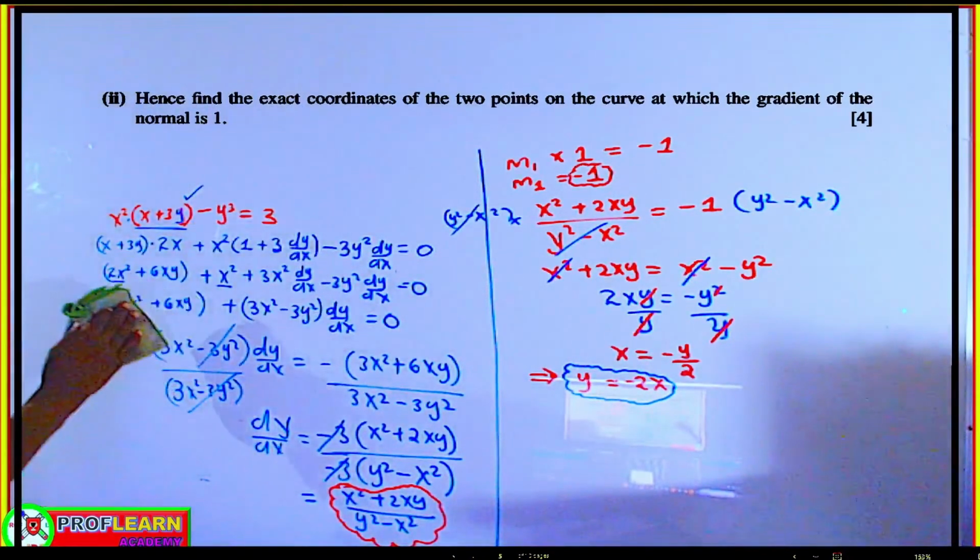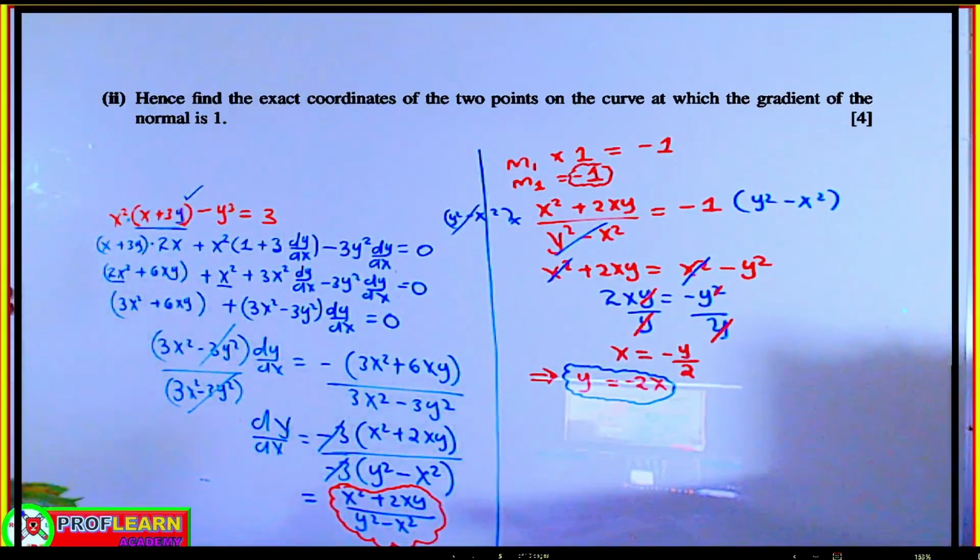Now, we are going to find the exact coordinates of the 2 points on the curve at which the gradient of the normal is 1.